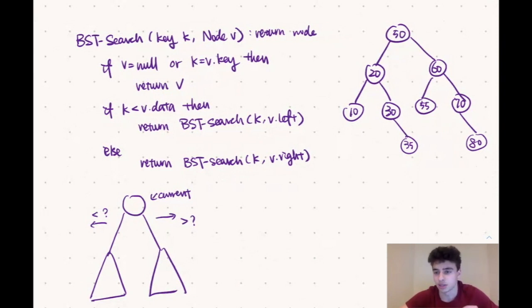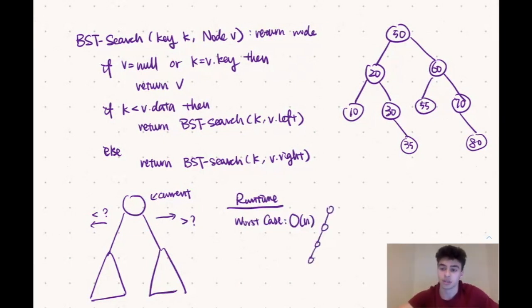Now the last thing to consider is runtime analysis of this. There are two ways to look at the runtime here. First is the worst case. In the worst case, the runtime of this algorithm is linear, or O of n, because in the case that the tree is just a linked list, basically that every node is inserted either to the right or to the left, we have to traverse every node potentially to reach the key we're searching for.